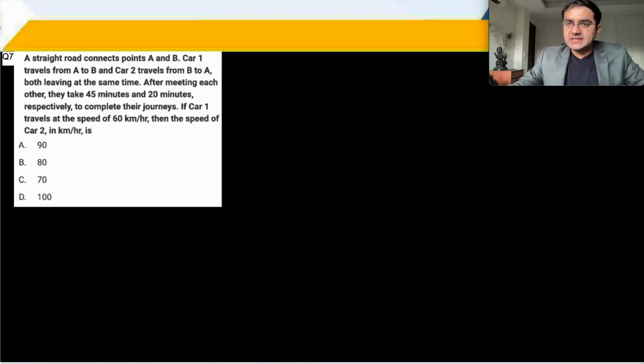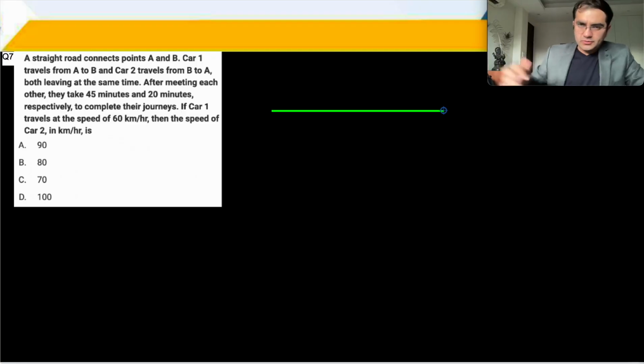This is again a standard question for TSD, where you have basically two cars that are moving towards each other.